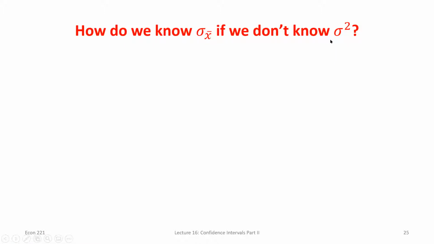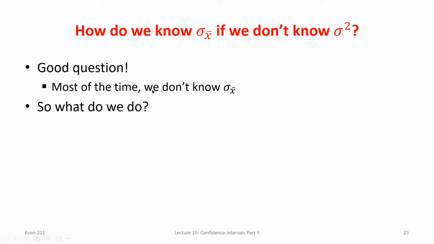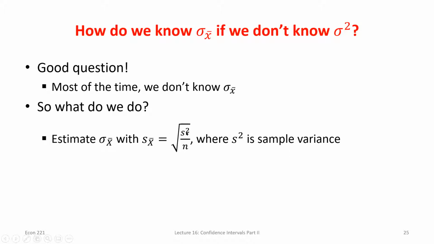But what we can do is just use our sample variance as a best estimate. So we're going to write the standard deviation of my sample means a little bit differently. The notation is going to be a little different, and it's still the standard deviation of my sample means. If I write it with an S, it indicates I'm using a sample variance instead of the population variance.